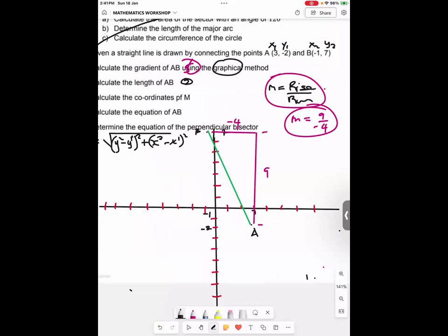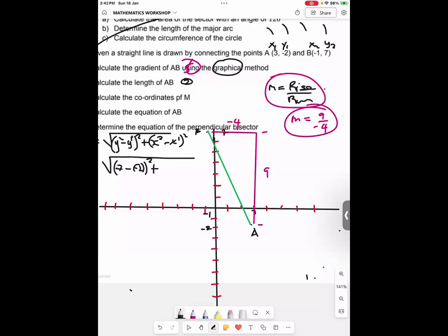So, according to the formula, it's the square root of y2, which is 7, minus y1, which is negative 2, plus x2. Just pay attention to up here, guys.